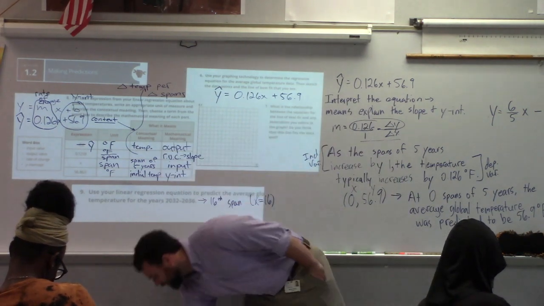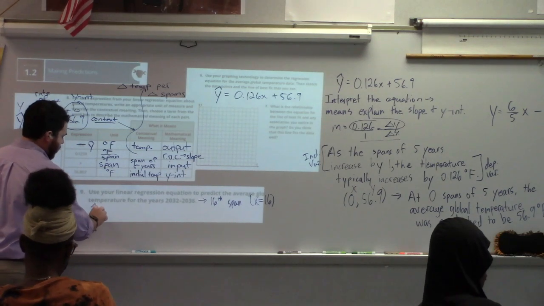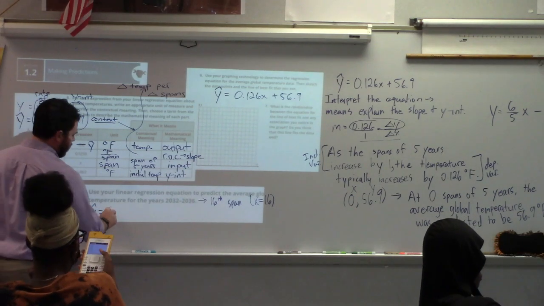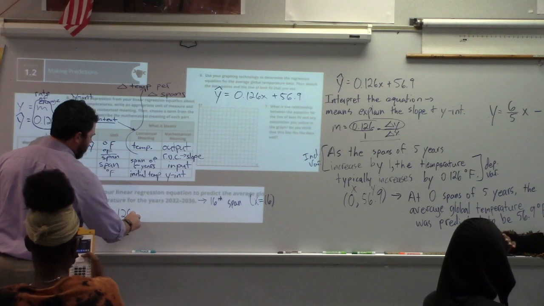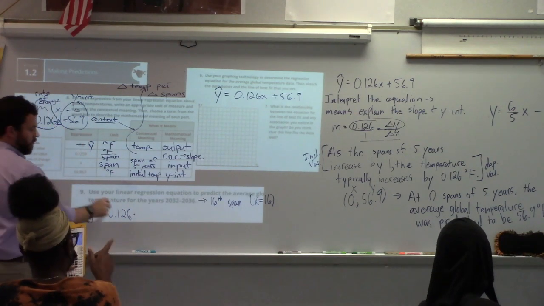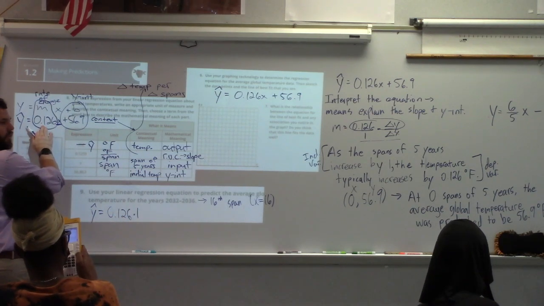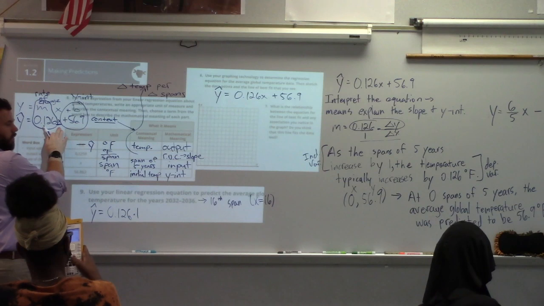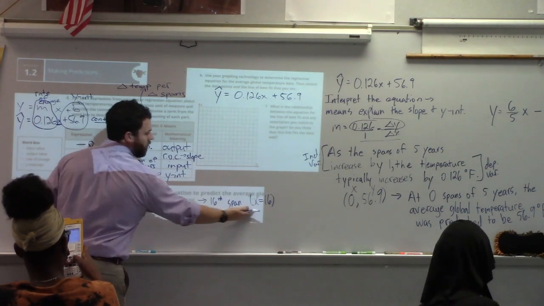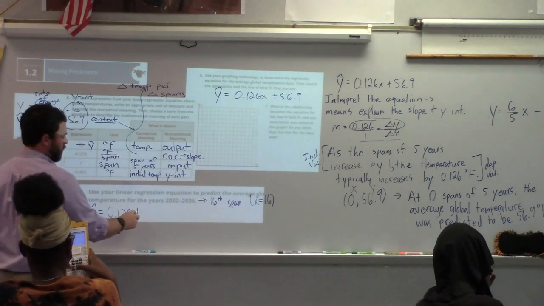This is where you would just need to pick up a calculator. We're predicting, right? We're going to put what in for X here? That equation. Well, I'm using the equation, 0.126, that doesn't change. What is x though? Times 16. Wasn't that what we said x was? It was 16? Yeah.